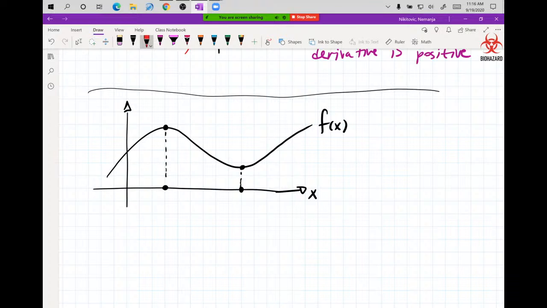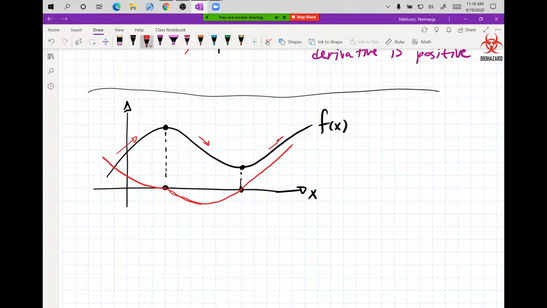So we said if the function is increasing, the derivative is positive. If the function is decreasing, derivative is negative. And then if the function is increasing, the derivative is positive.